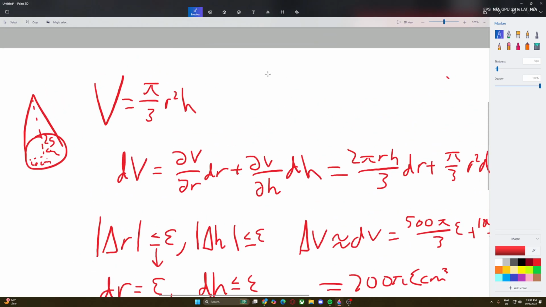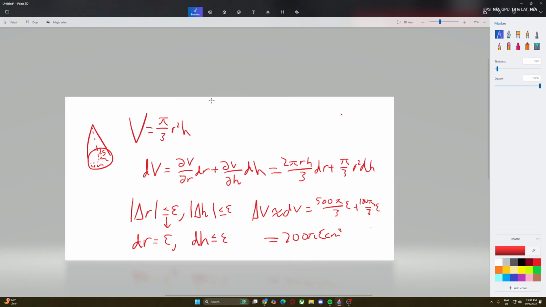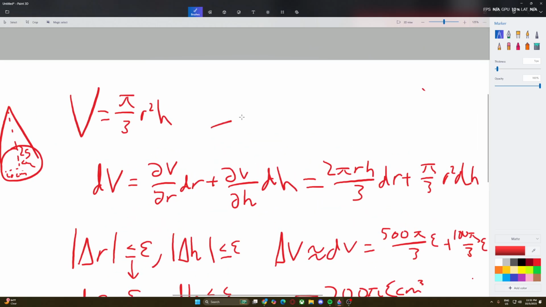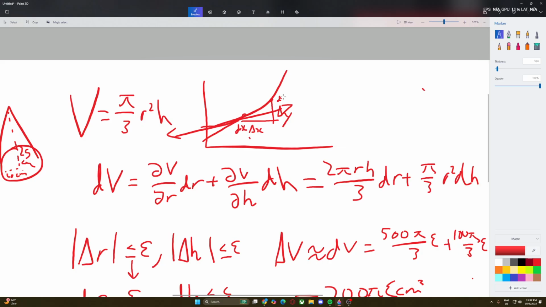Alright guys, I got the reason why dr and change in r are the same. So remember in a 2D function like this, if I want to get a derivative at this point, say approximate from here to here, this is change in x, this is change in y, then this would be dx, dy.